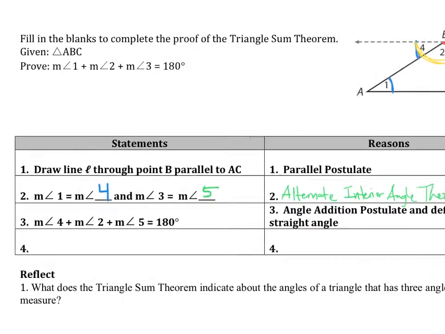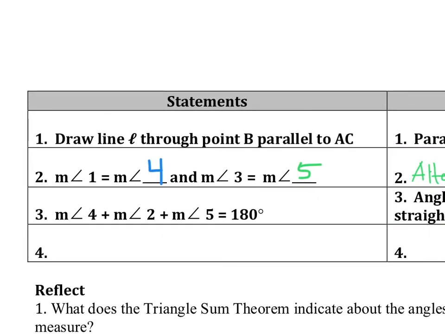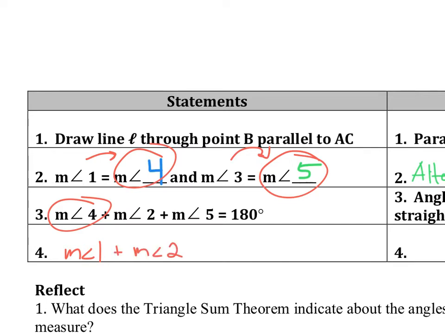And so if we can say that angle 1 is equal to angle 4, well, that means that anywhere I see angle 4, I can plug in angle 1. Well, look, there's an angle 4, so I'm going to write angle 1. And similarly, it says that angle 3 is equal to angle 5, so anywhere I see angle 5, I can plug in angle 3. So we have plus angle 2, and there's our angle 5, so I'm going to plug in angle 3.